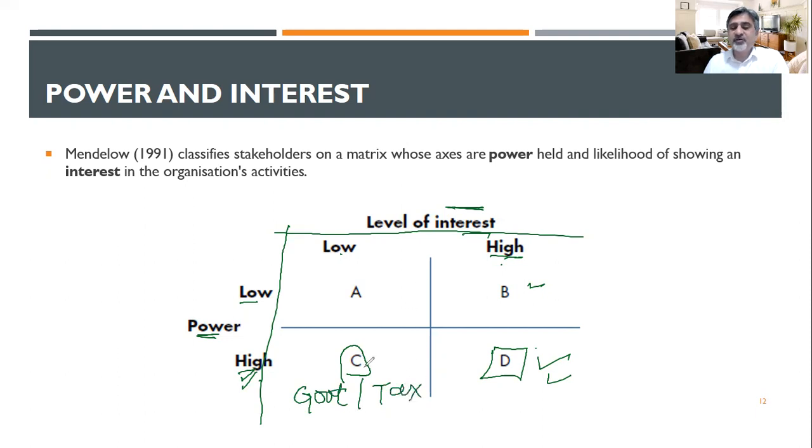They have low interest because you pay taxes, but they do not depend only on your taxes. So for them, interest is less, but they've got huge power. They can really create difficulties for your business, the tax department. Then you have segment A, where level of interest is less and power is also less. So these are the ones on your last priority.